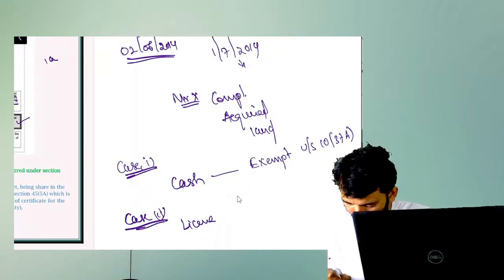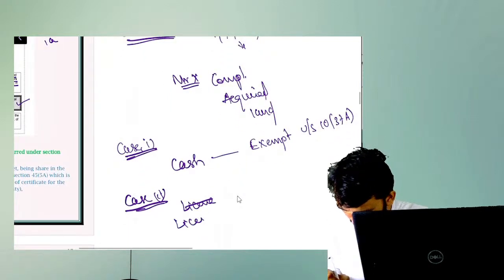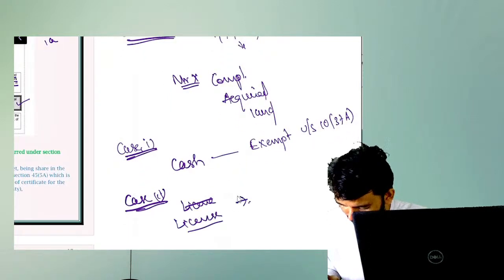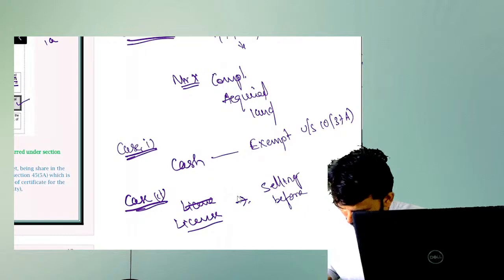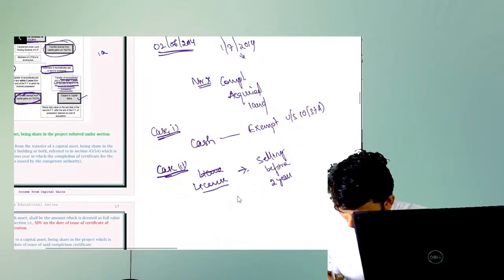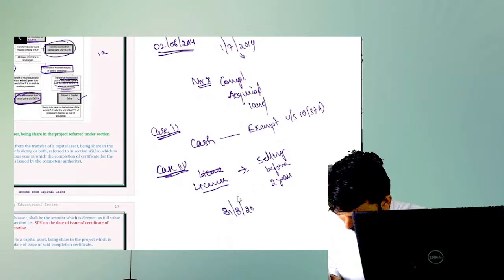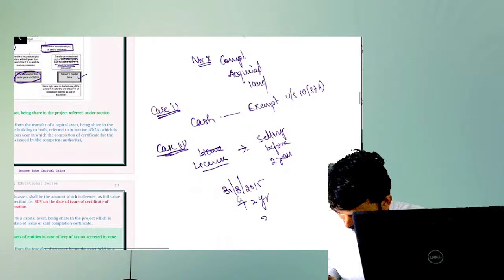Okay, license that you are selling before 2 years. How do you calculate 2 years? End of the financial year is 31st March 2015 plus 2 years, that is, 31st March 2017.